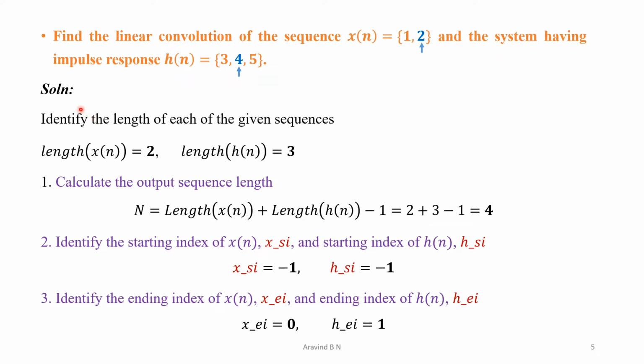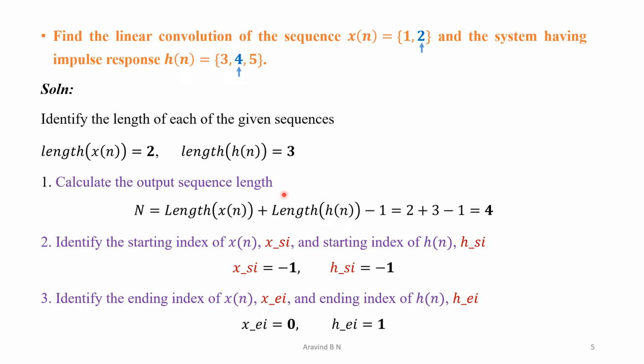Let us go through the solution. So given the sequence x of n and h of n, let us identify the length of each of the sequences. Length of x of n is equal to 2. So there are two values present, therefore length of x of n is 2. Similarly, length of h of n is 3. Total 3 elements are there, therefore length of h of n is equal to 3.